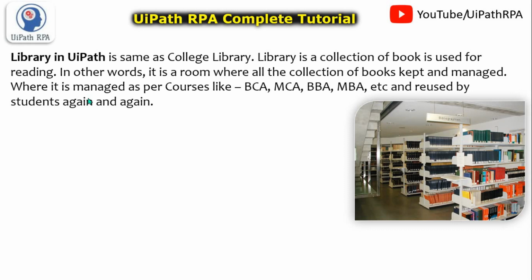You can see the screenshot here. There are lots of books, managed and kept according to the department and the courses, like these books are for maths, English, BCA, MCA, BBA, MBA. In the same way, you can create your library in UiPath.